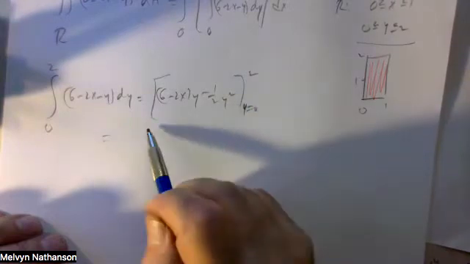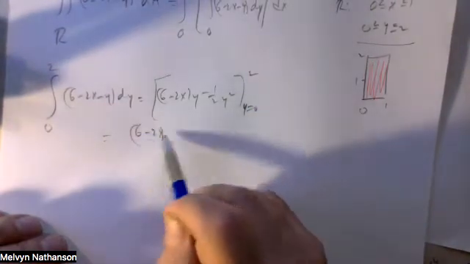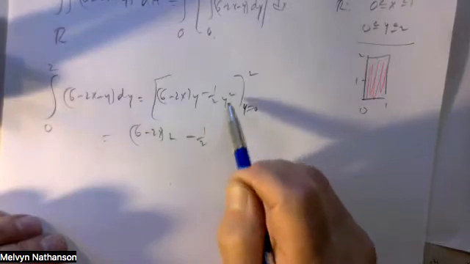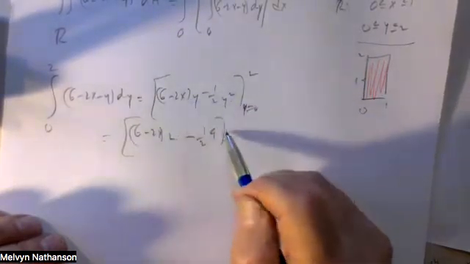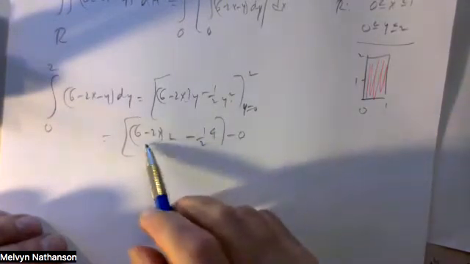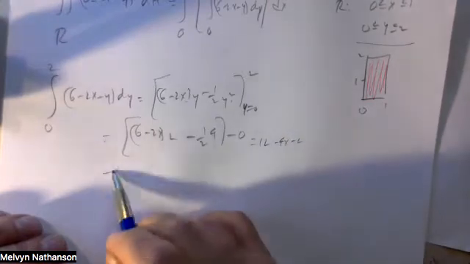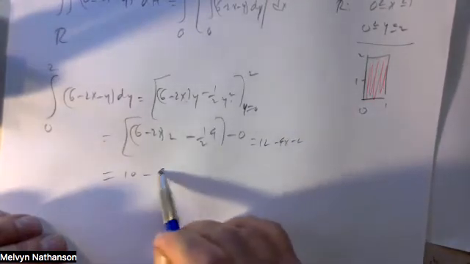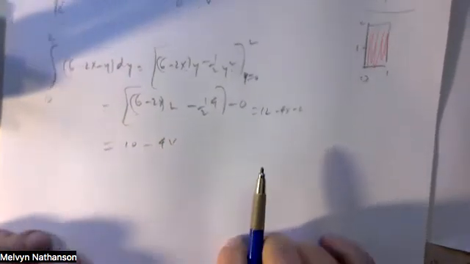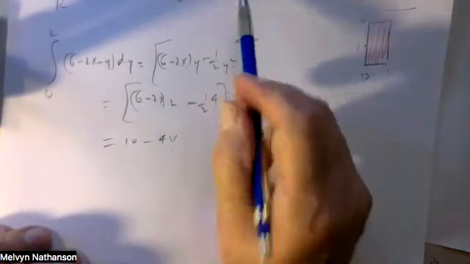When y is 2, I get 6 minus 2x times 2 minus a half, 2 squared is 4. When y is 0, these are both 0. So this is 12 minus 4x minus 2. This is 10 minus 4x. That's this integral.